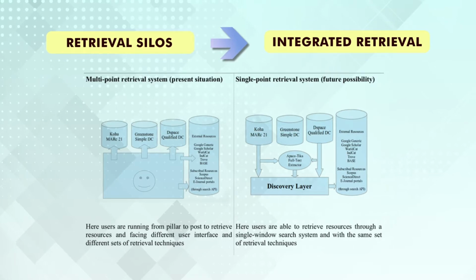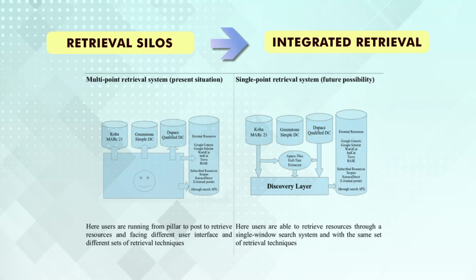But in comparison, a discovery system is a single point retrieval interface where all internal resources like your catalog silo, your ebook silo, your IDR silo, different kinds of external resources, different kinds of subscribed resources can be merged into a single central index, and that central index can support discovery through a single window search system.